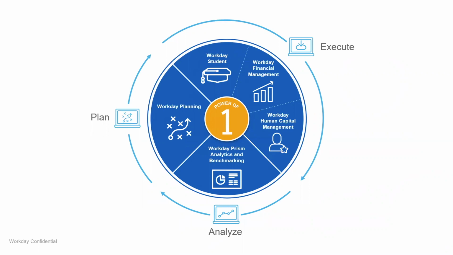For example, as Brenda will show you later, in Workday Student, we might be able to define a student's financial aid award eligibility for something like federal work study. In Workday Human Capital Management, we would be able to define the institutional jobs, as well as eligibility requirements for holding those jobs and payroll for processing those jobs.